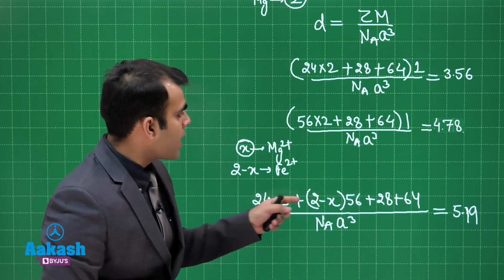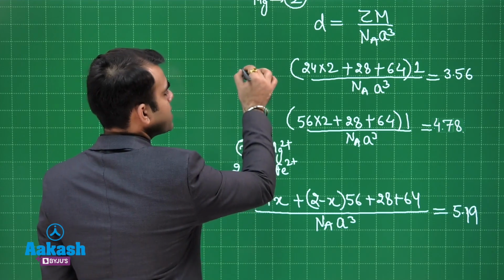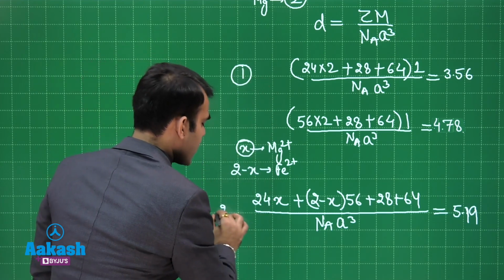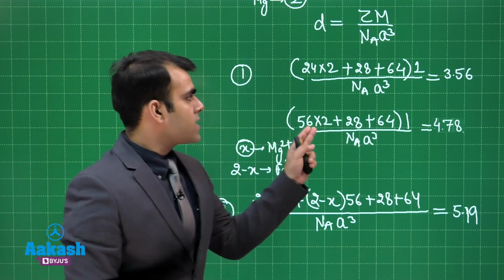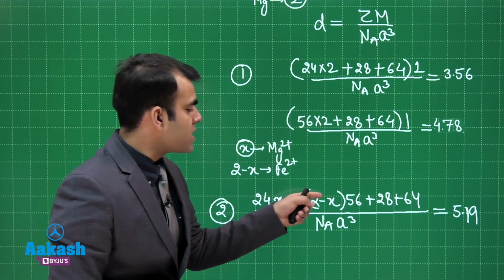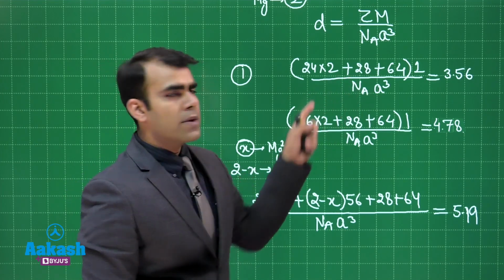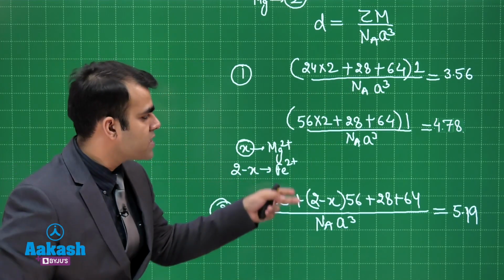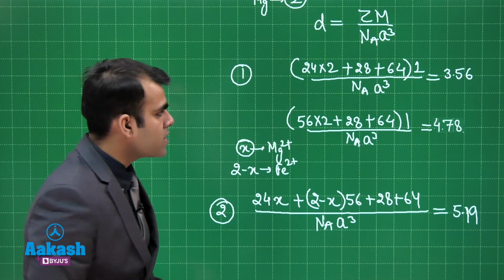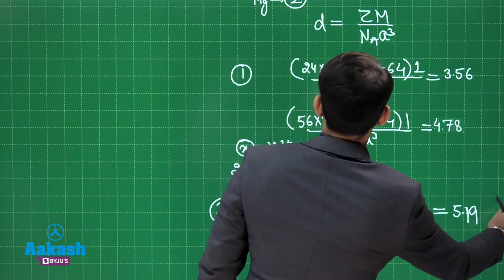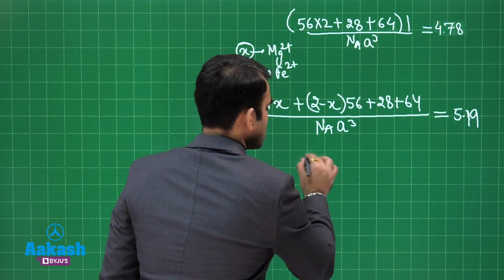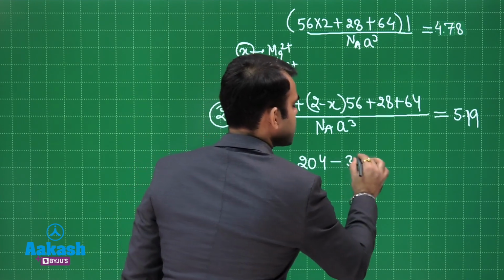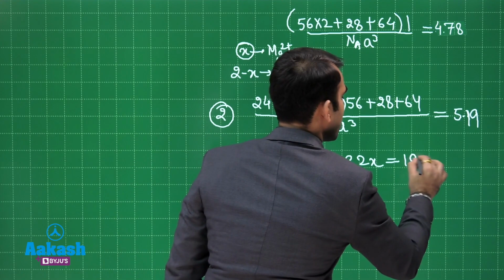Now if I am going to relate my first equation and my second equation, because we do not need to look at this equation, because we have this variable and this variable, so 2 equations are sufficient. And if I relate these two, that is forsterite and this, I will get 204 minus 32x is equal to 188.